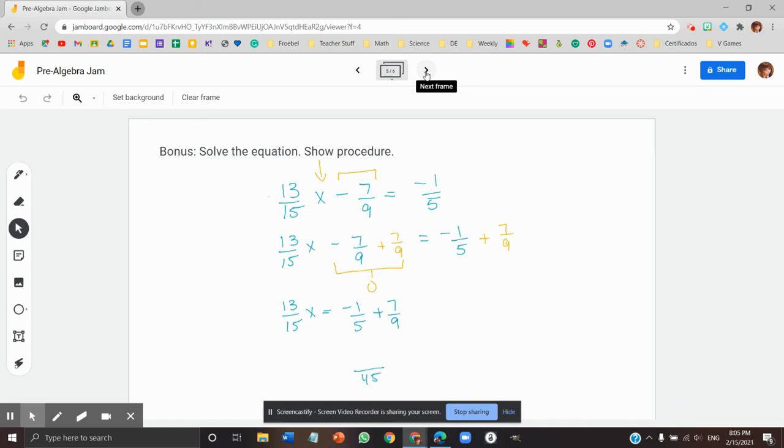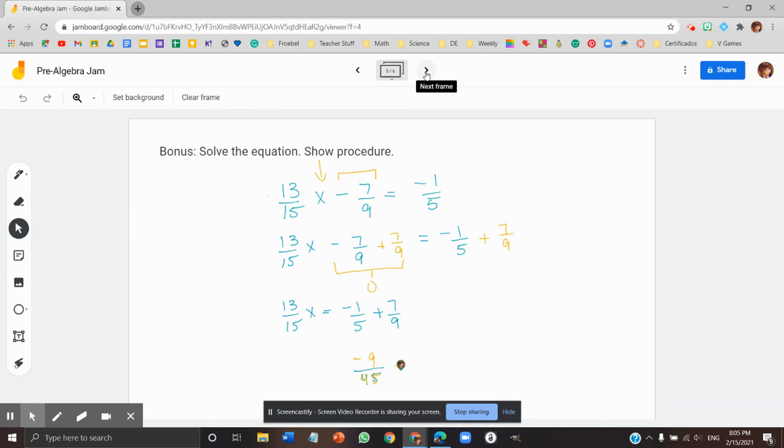So by what number do I have to multiply that 5 to give me 45? By 9, right? And remember that 9 times negative 1 is negative 9, and 9 times 5 is 45.